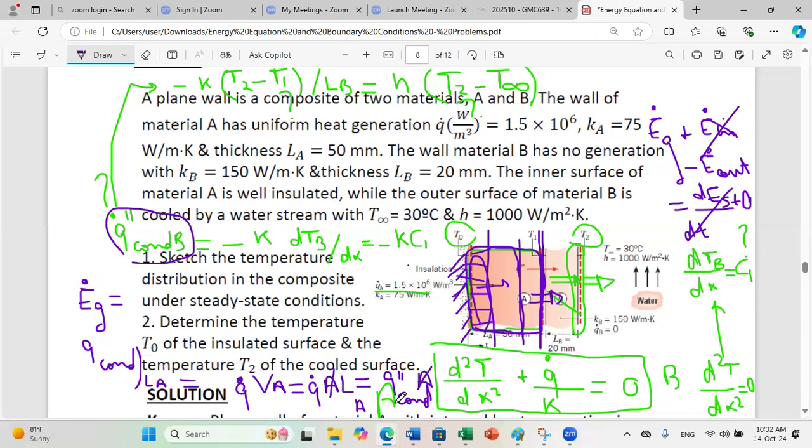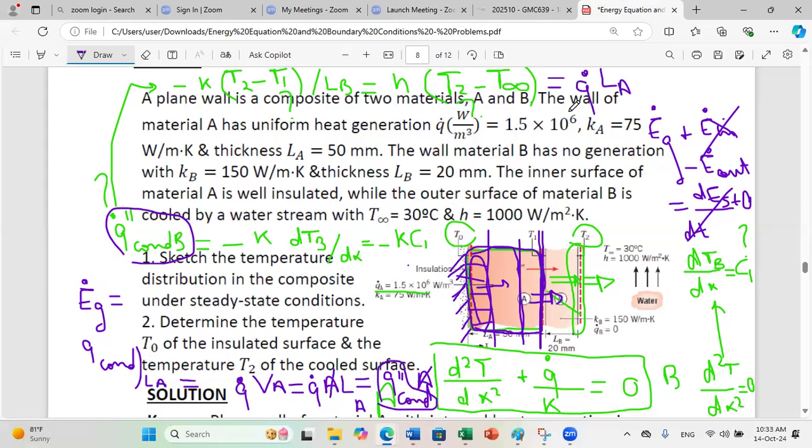So you will be able to calculate the rate of conduction leaving material A. The conduction flux leaving material A is Q dot times LA. So now you can say that this is equal to Q dot times the length of material A.